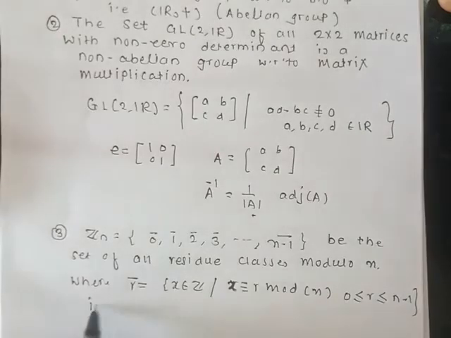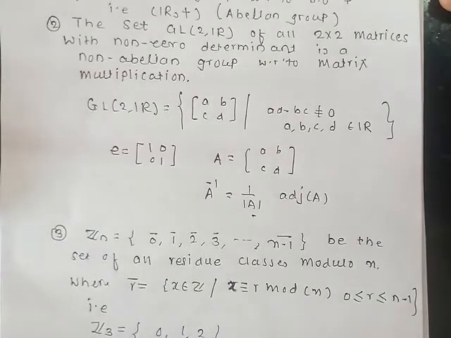In particular, Z3 is equal to 0 bar, 1 bar, 2 bar.